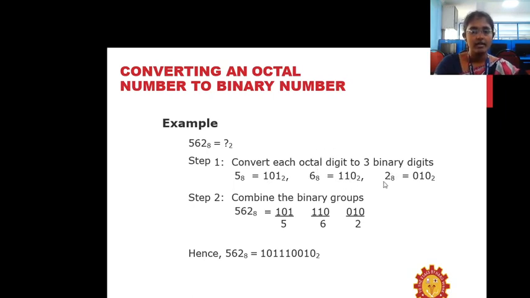And for representing 2, the middle value 2 will be enabled, so 010. Now each individual value in the octal number has been represented as binary. Altogether it is 101, 110 and 010 with the base of 2. This is how we convert the octal number into the binary number.